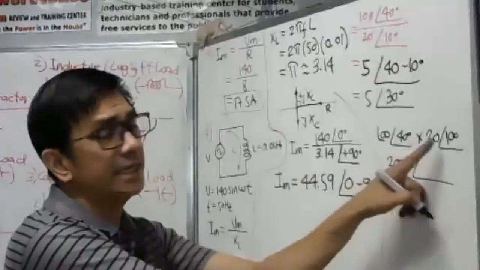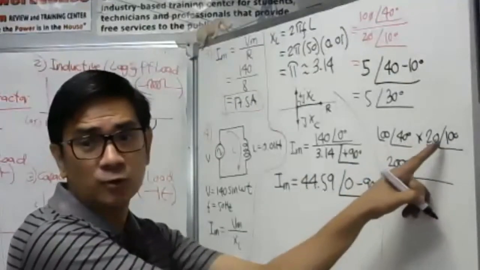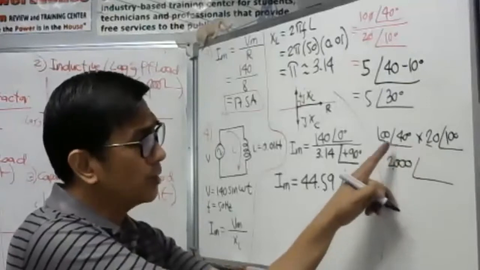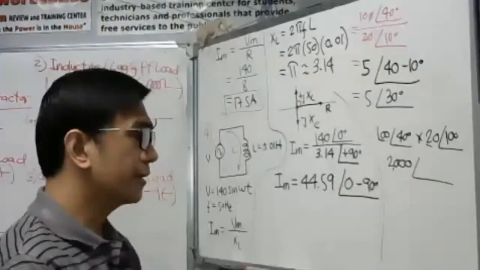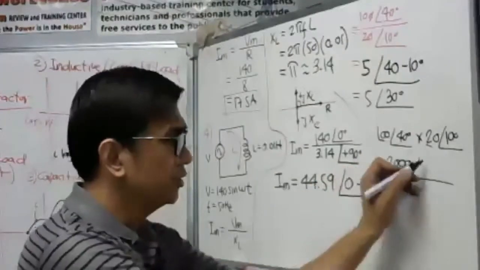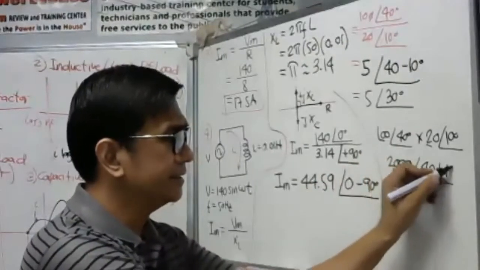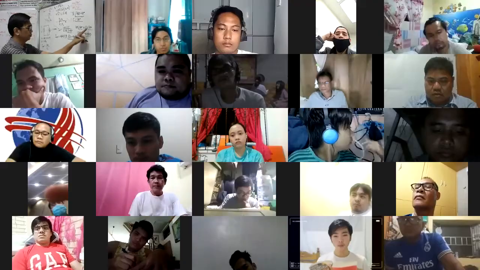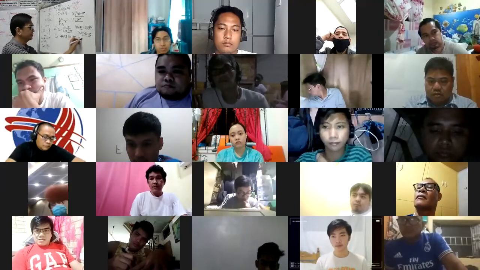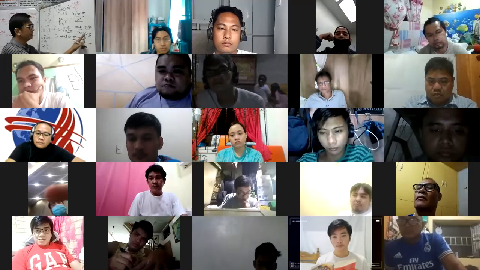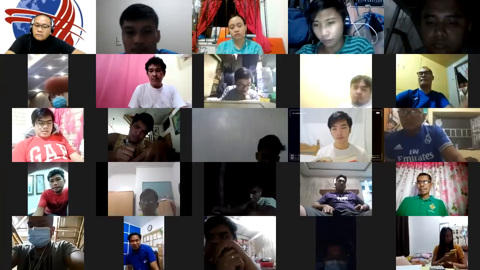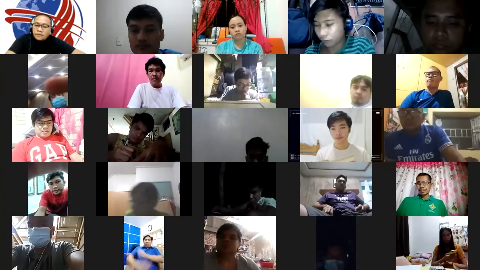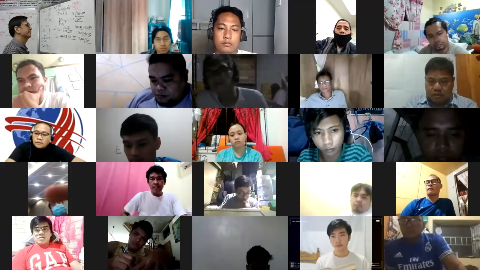For the angle, if we multiply the two complex numbers, the two phasors, or polar form, that should be 40 plus 10. You have to add the two. So you have 2,000 angle 50 degrees. Okay?